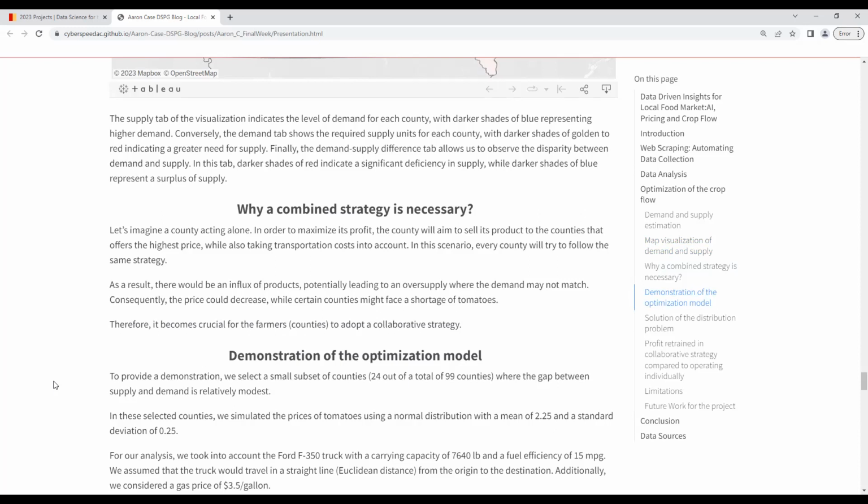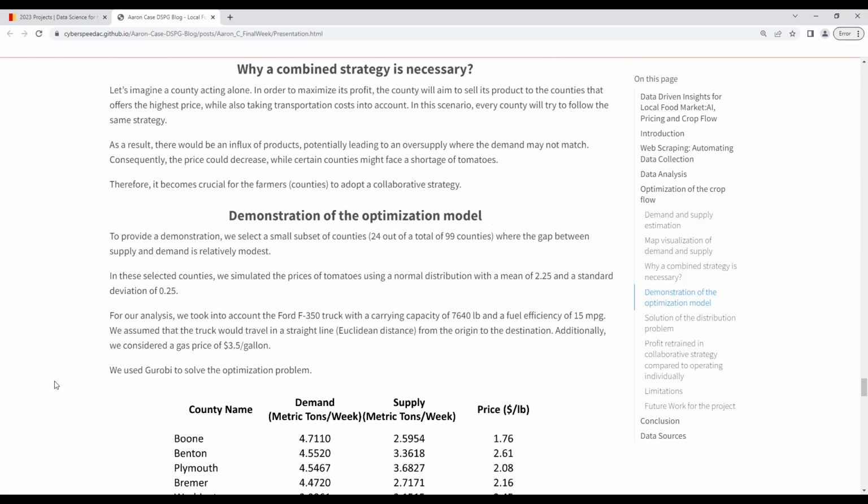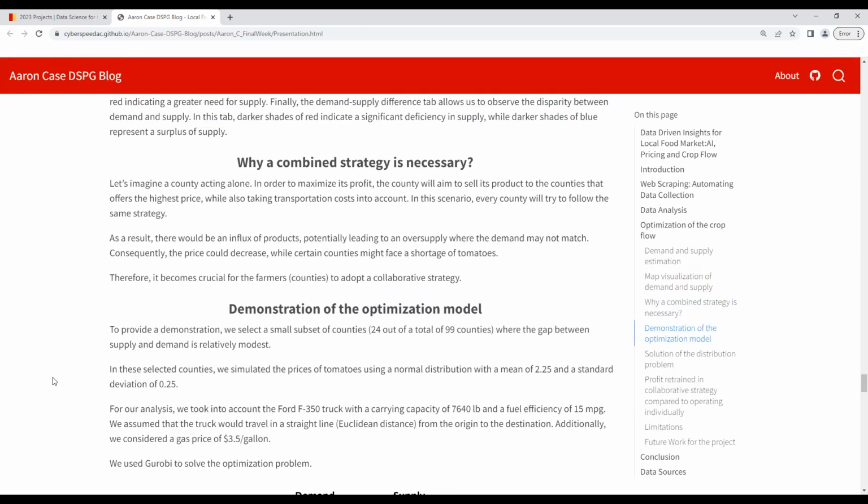That means the supply would be very high in a county and may exceed the demand by far. So in this scenario, the price may drop, and furthermore, there would be some other counties that may not meet the demand they need. That's why we need a combined strategy instead of acting alone.